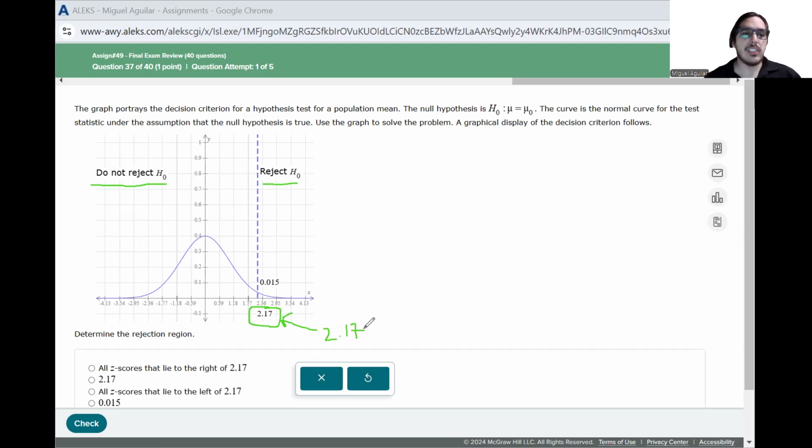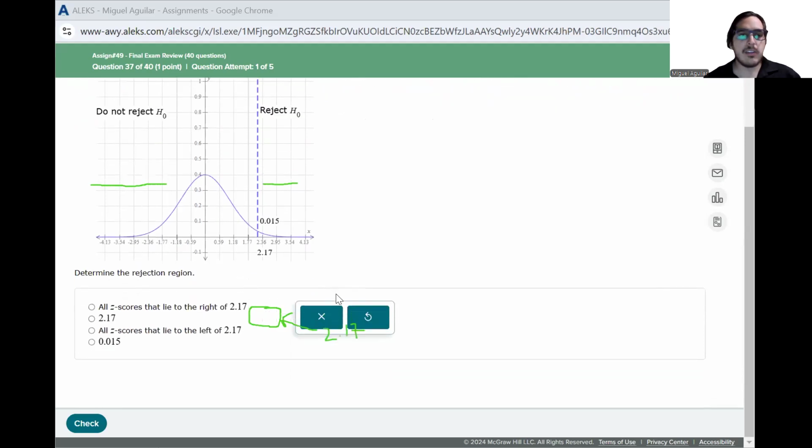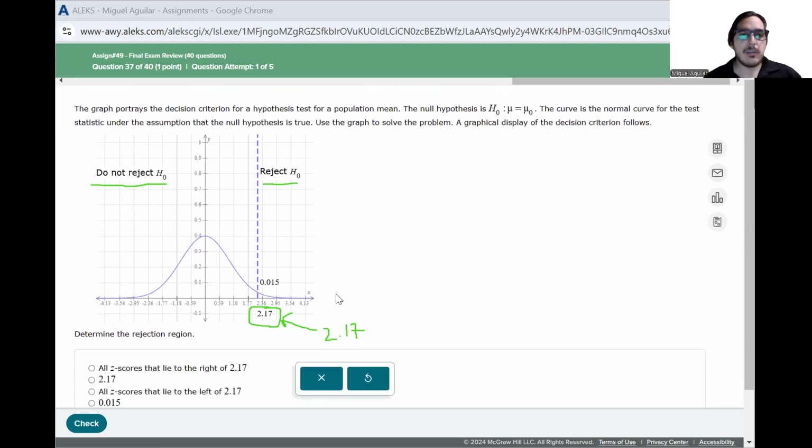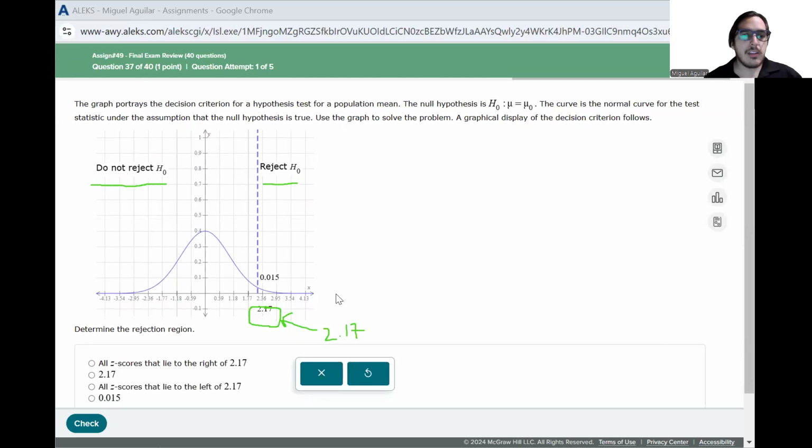Determine the rejection region. Okay, so let's see. Can I scroll down? Not without messing up my drawings. Okay. So it says all z-scores that lie to the right of 2.17. Yeah, that makes sense.